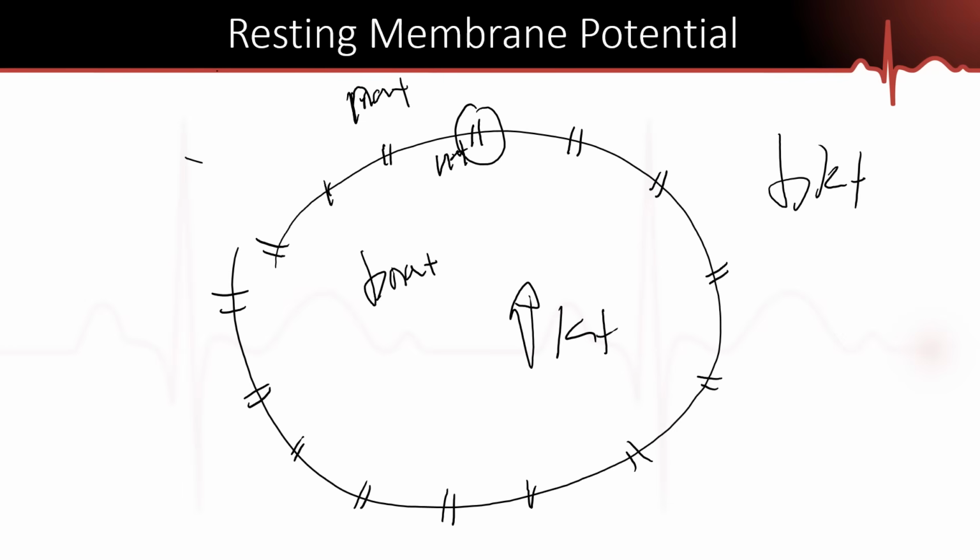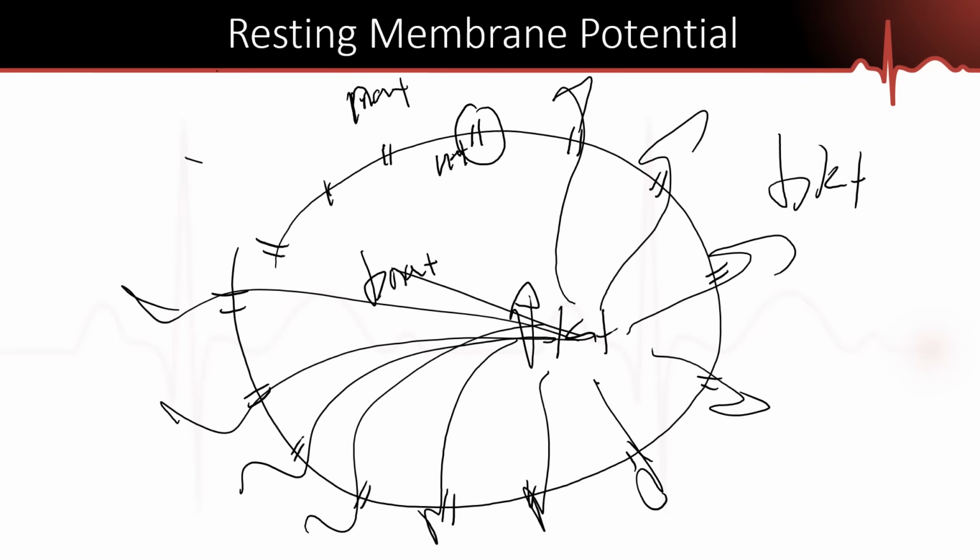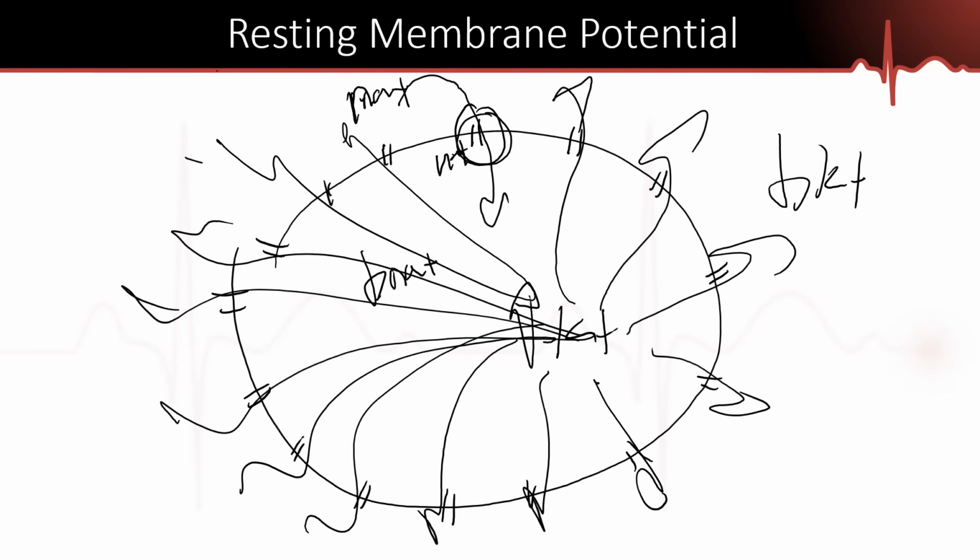So if you have a plasma membrane like this that has at least 20 times more potassium leak channels within its plasma membrane than sodium leak channels, then potassium is going to be able to leave the cell at a much greater rate than sodium is going to be able to come in, right? Potassium is going to leave through all of these different leak channels, while sodium can only come in, in this drawing, through this one leak channel.